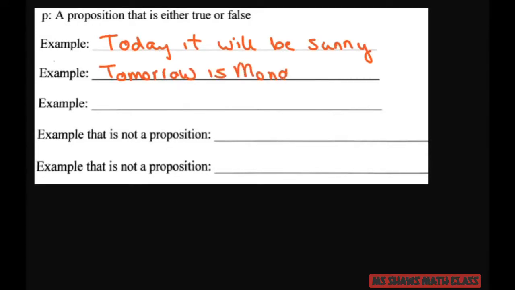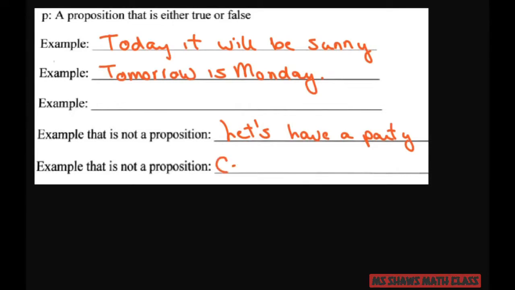So that's a true proposition. Now, some examples that are not a proposition would be something like, let's have a party. It's not a proposition.